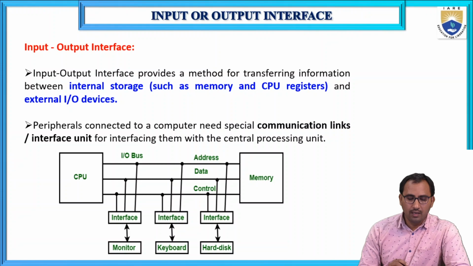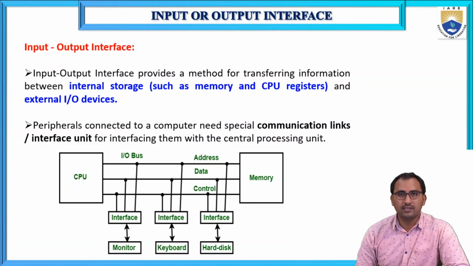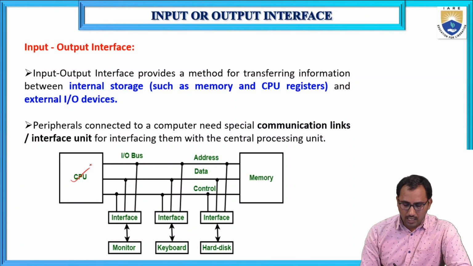And coming to the input-output interface. We have already seen that we connect different input or output peripherals with the CPU or computer. But we cannot connect these peripheral devices directly to the CPU because there are some differences between the CPU and the IO devices.